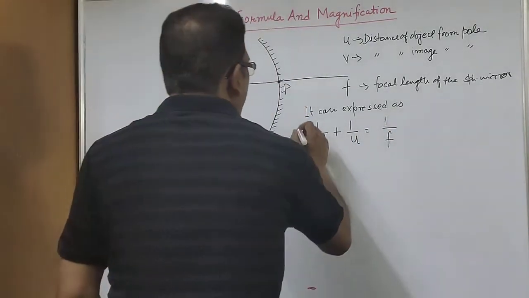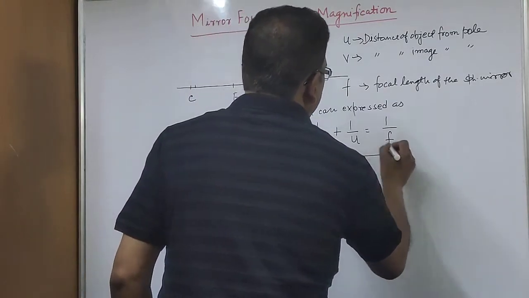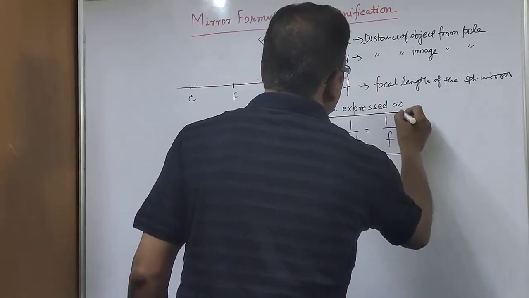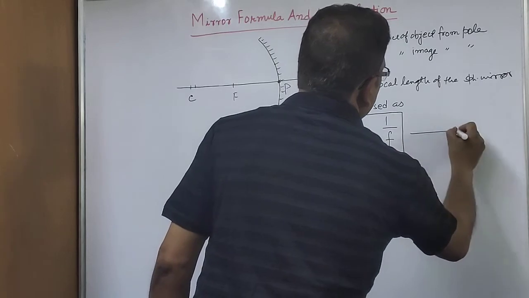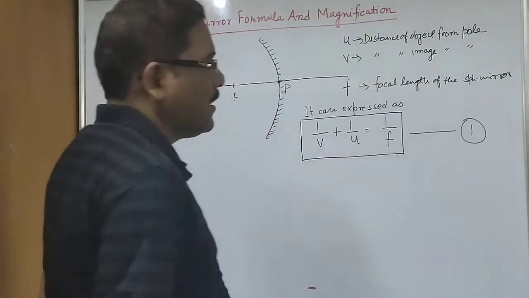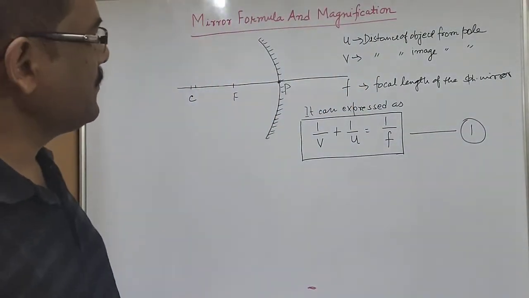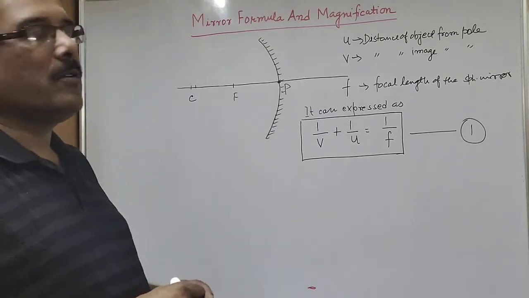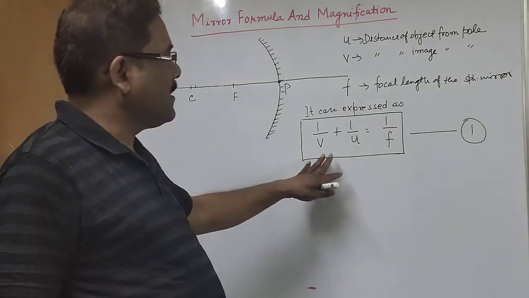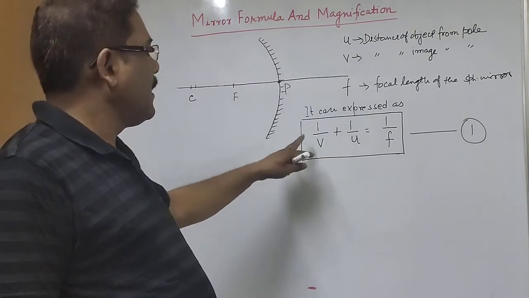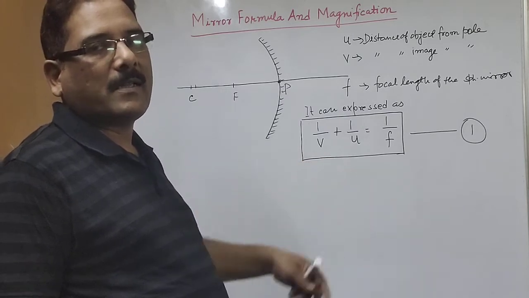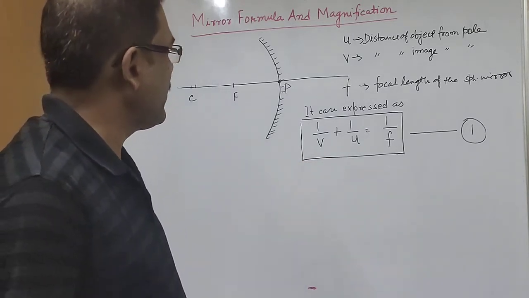So this formula is very important. Derivation of this formula is not in our syllabus, but you have to know that this is the relationship between image distance, object distance, and focal length of a spherical mirror.